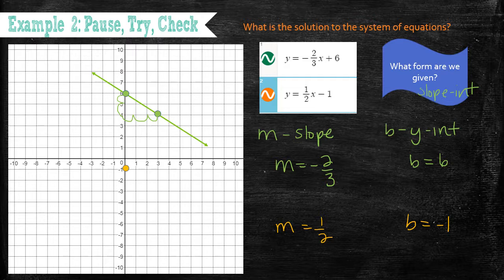So when I graph my y-intercept first, and then apply my slope, this time it was a positive, so I am going up 1 and over 2, draw that line in, and we can see where those two lines cross, or where they intersect. It's right here, and that would be over 6 in the x direction and up 2. So the solution for number 2 is 6, 2.